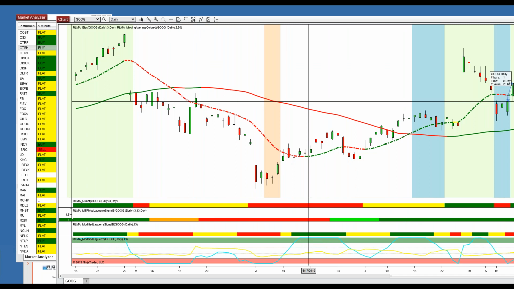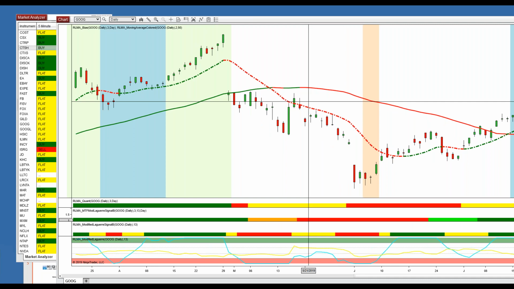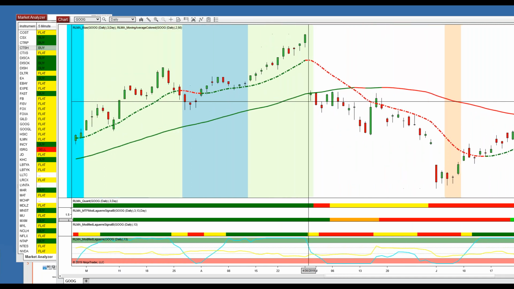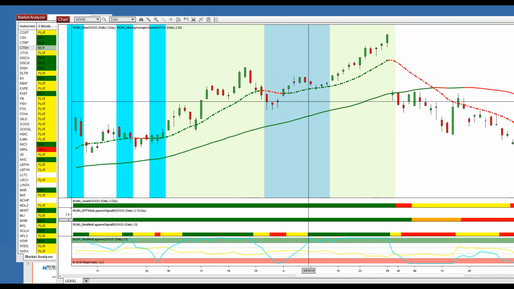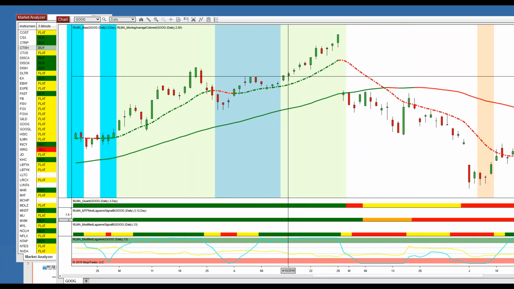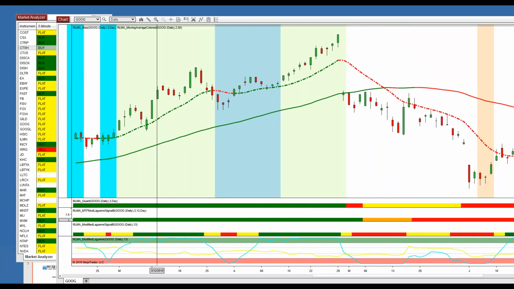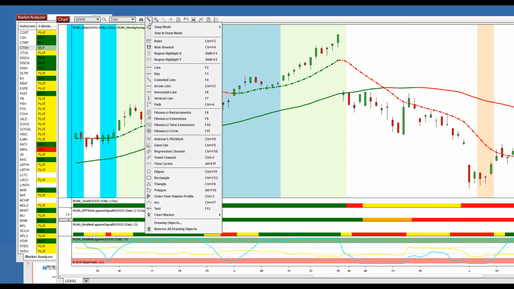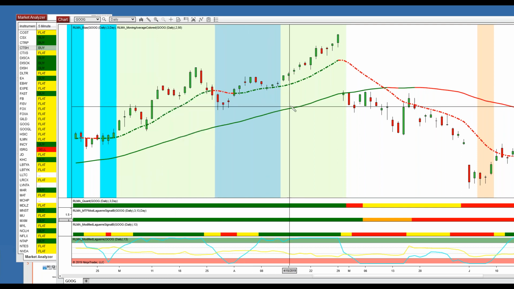So here's your daily right here. And you can see you get really, really outstanding setups on the daily. And you can anticipate, in fact, we know exactly when you're going to get a signal. Right here.